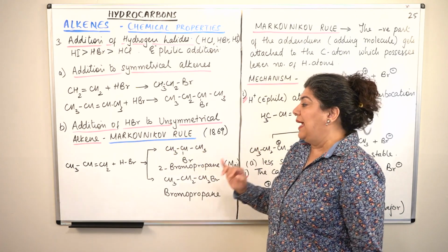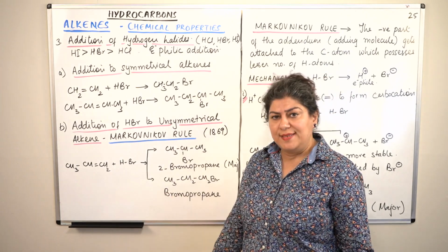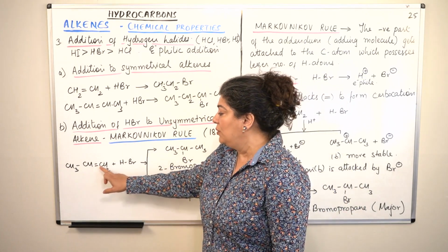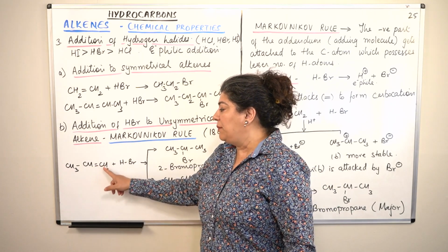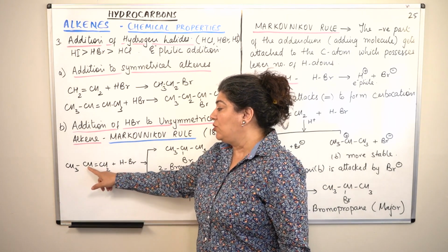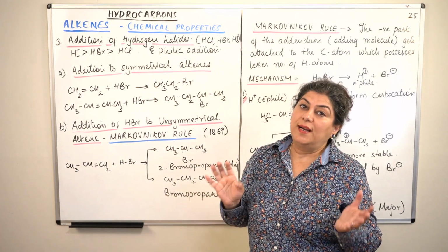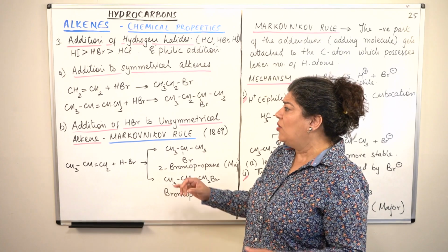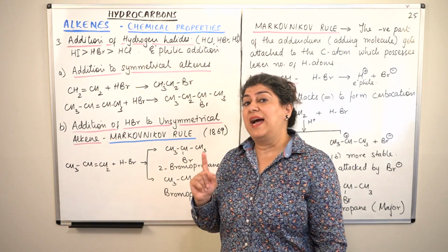An unsymmetrical alkene, for example, is propene. In the case of propene, why is it unsymmetrical? Because these are the two carbons having a double bond. On one side of the double bond, you have only one carbon, but on the other side of the double bond, you have two carbon atoms. So it is unsymmetrical. Now, it will make a difference which carbon the bromine is adding to.